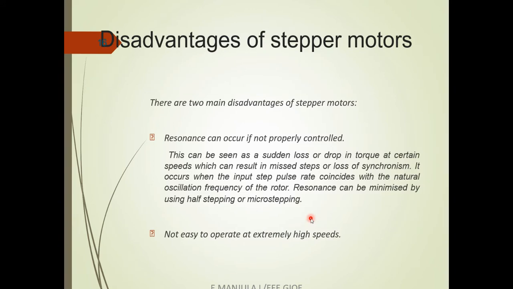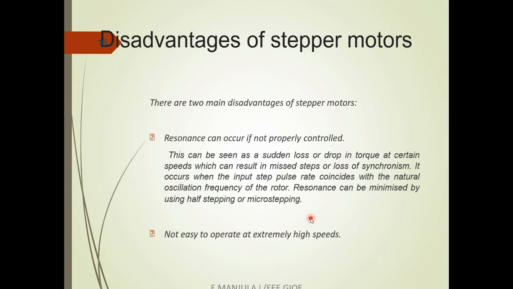What might be the disadvantages of the stepper motor? There are two main disadvantages. First, resonance can occur if not properly controlled. This can be seen as a sudden loss or drop in torque at certain speeds, which can result in missing steps. The motor rotates step by step, one step, two step, three step, four step, hence it is called a stepper motor.